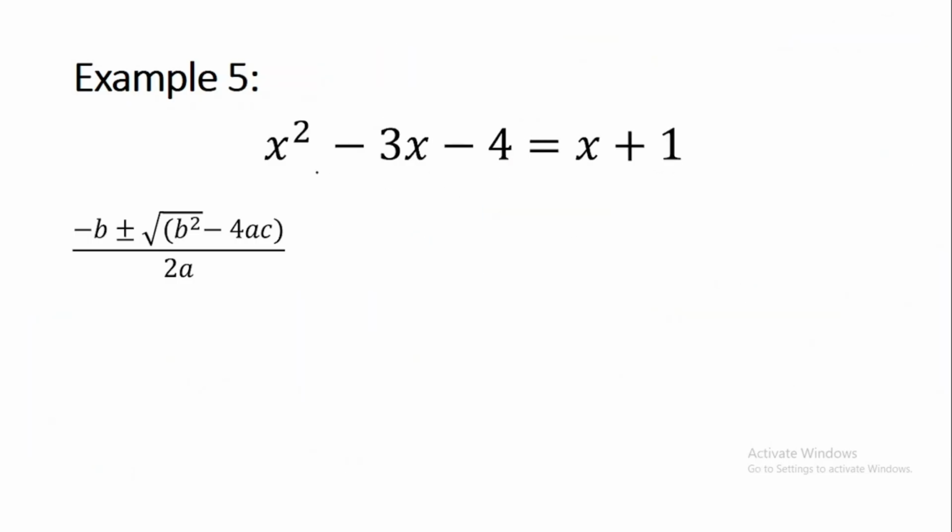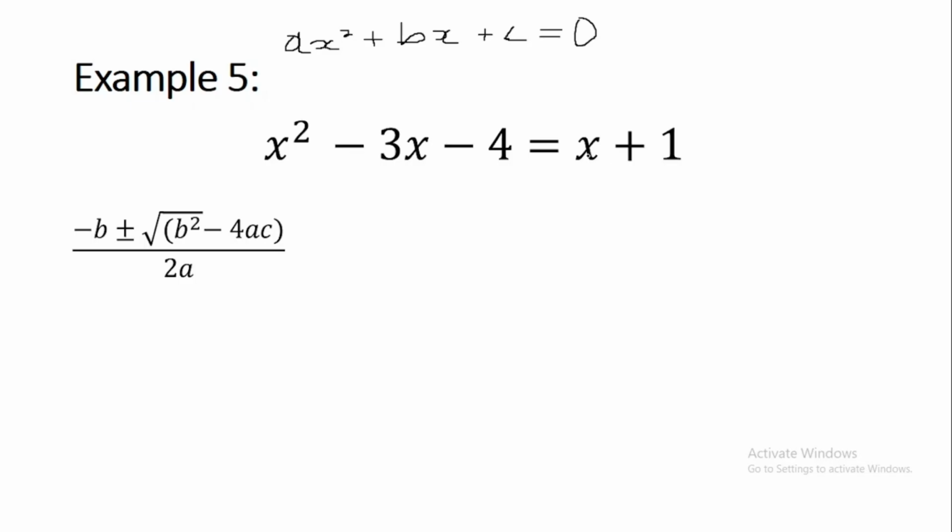So here we have our last question. And as I said, we're just going to write it out in the correct formula. So our format is going to be ax squared plus bx plus c should be equal to 0.